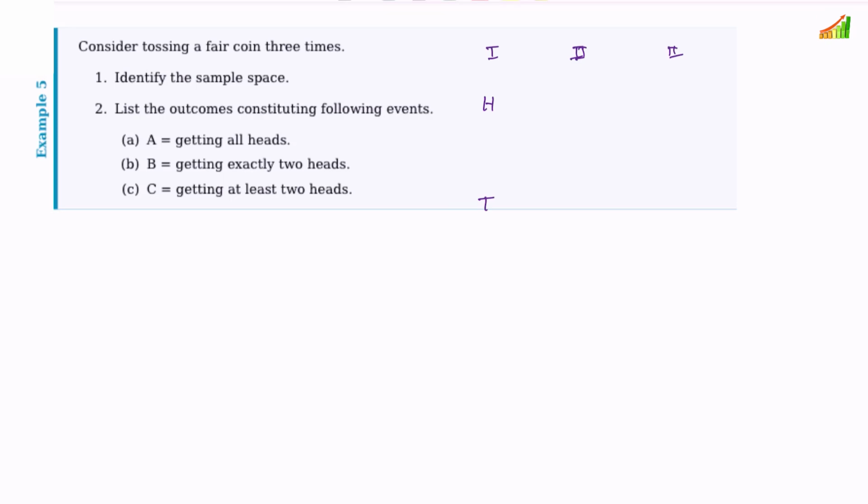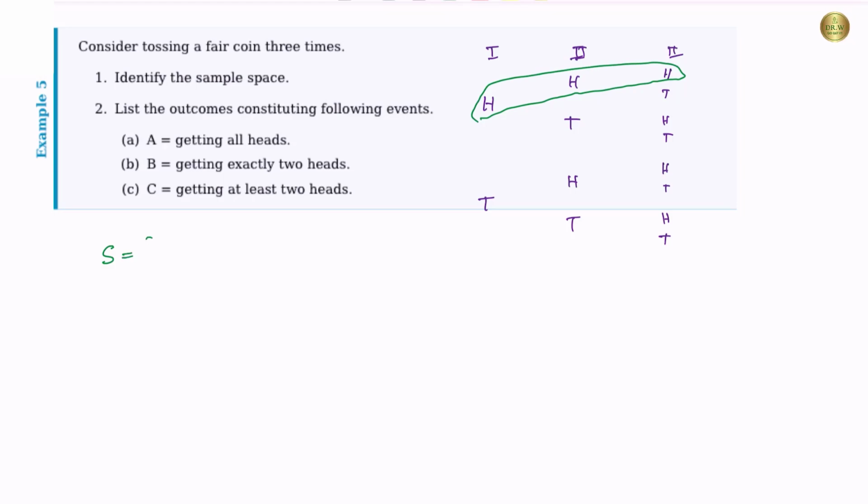Second time also head, tail, and head, tail. Third time head, tail, head, tail, head, tail, head, tail. Right. Let me explain this. First time head, second time head, third time head. So how do we write this S?